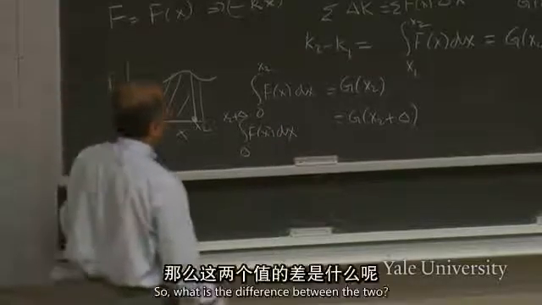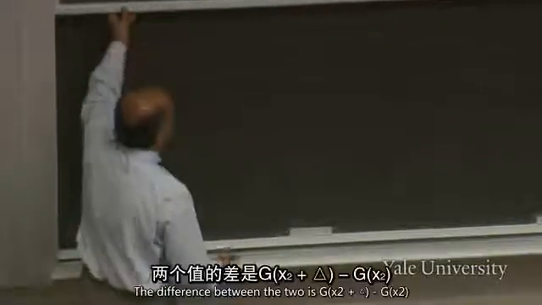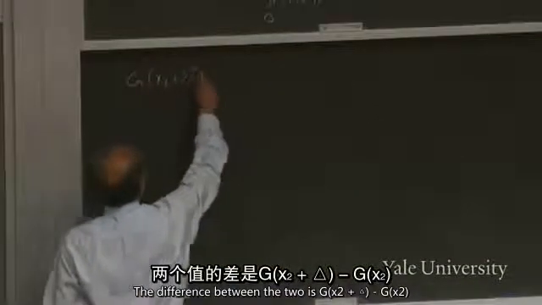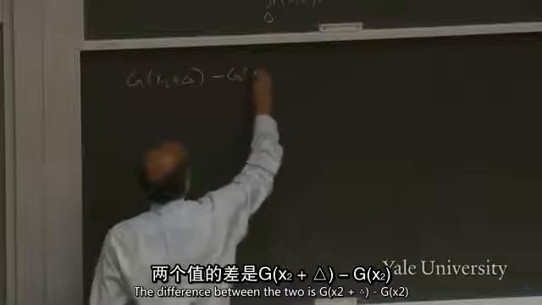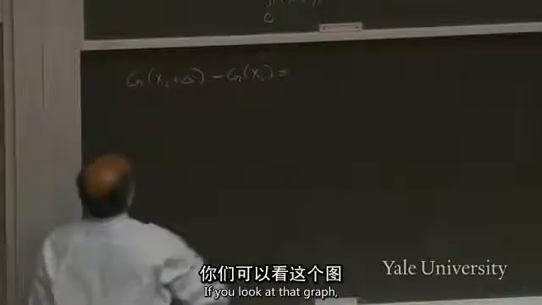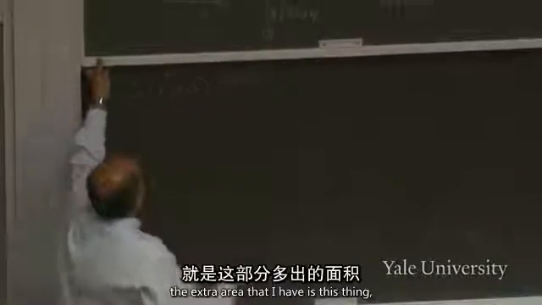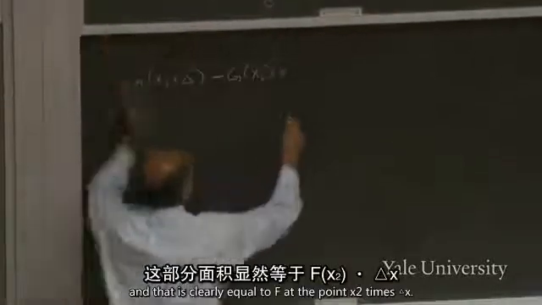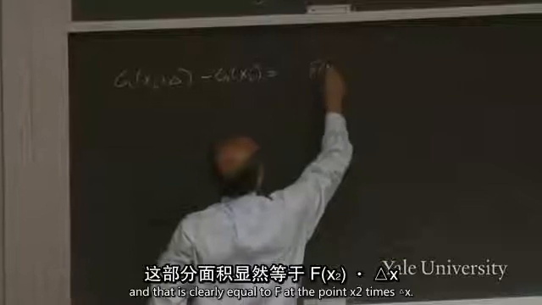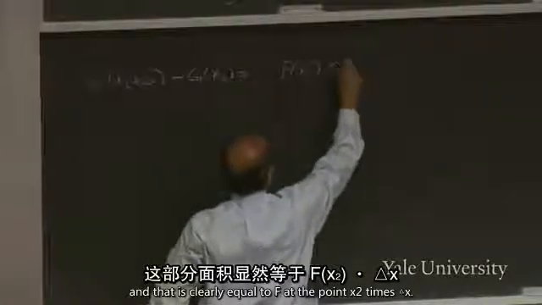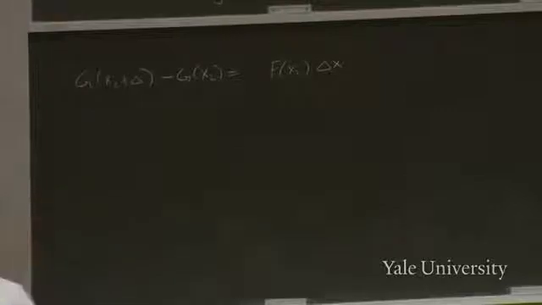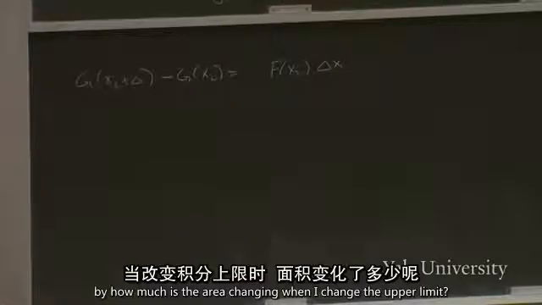So what is the difference between the two? The difference is g of x2 plus delta minus g of x2. If you look at the graph, the extra area that I have is this thing, and that is clearly equal to f at the point x2 times delta x. In other words, by how much is the area changing when I change the upper limit?